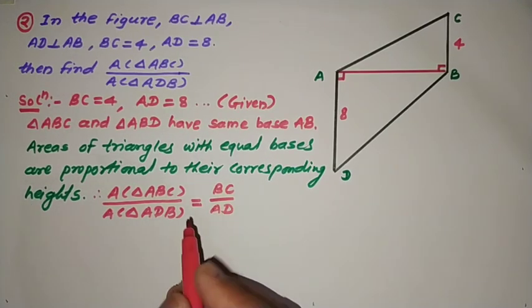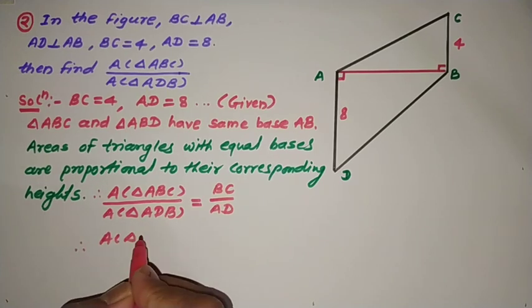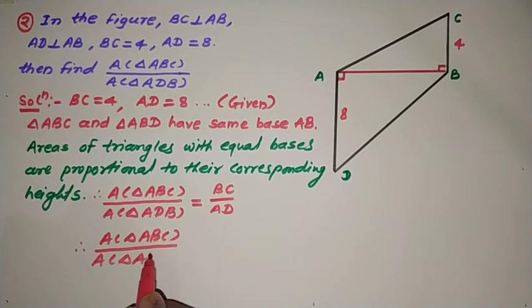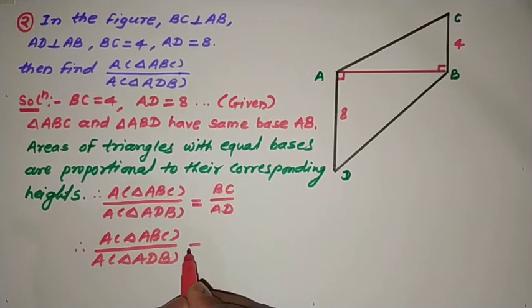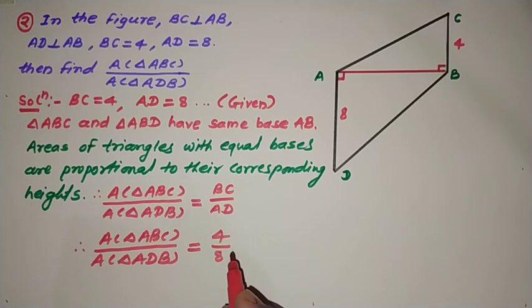Putting the values in this, area of triangle ABC upon area of triangle ADB is equal to 4 upon 8. 4 2s are 8.